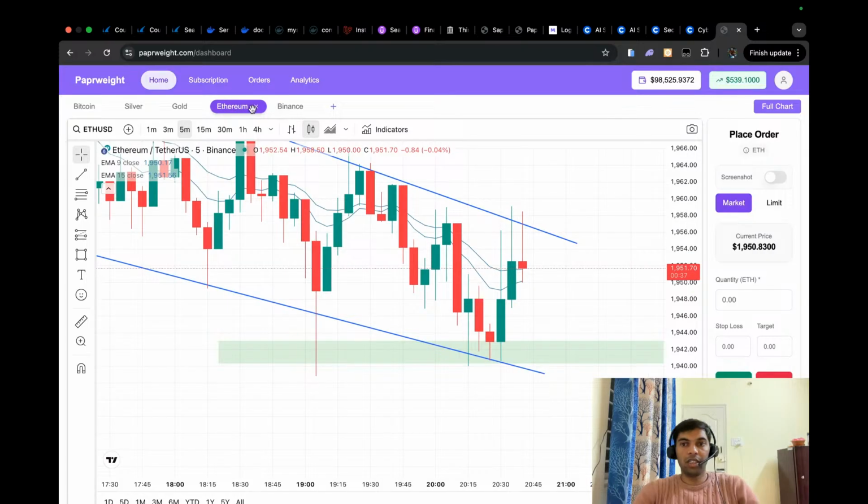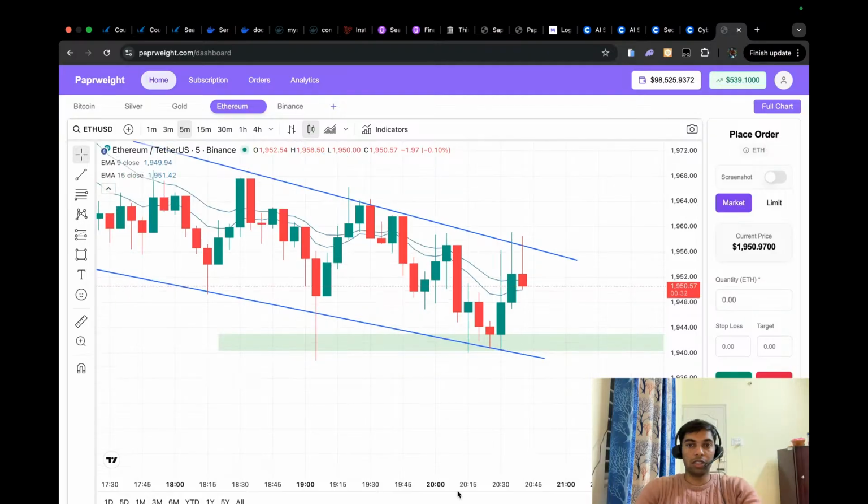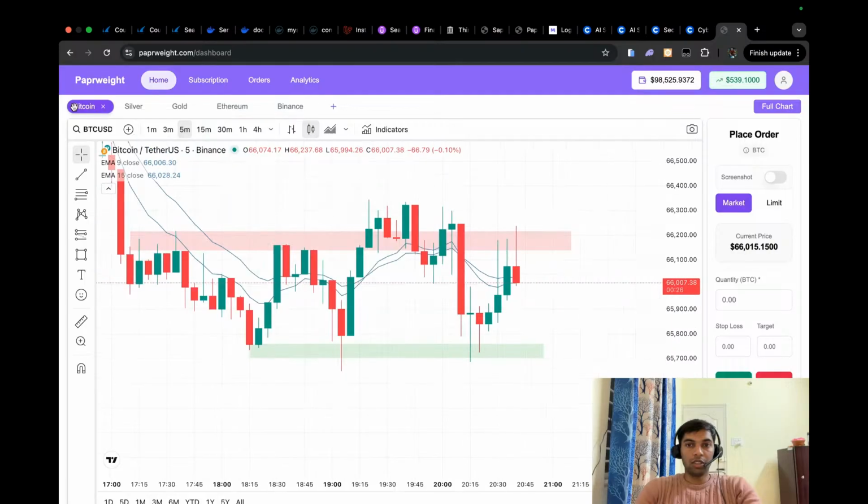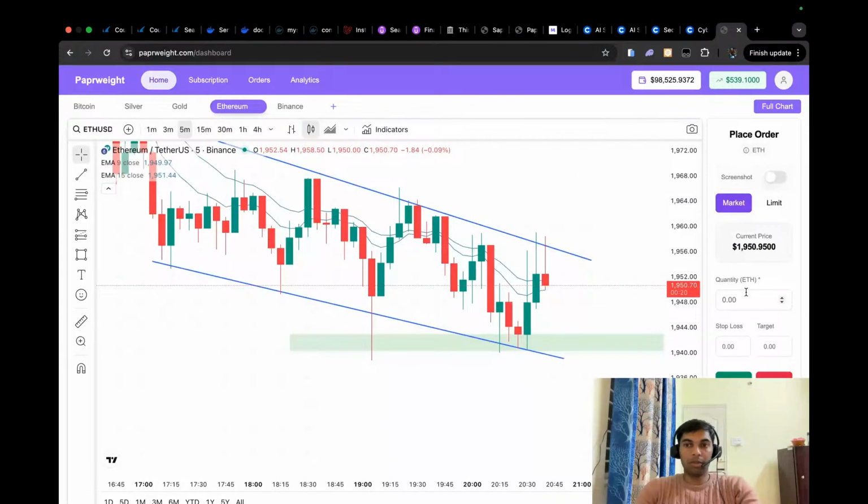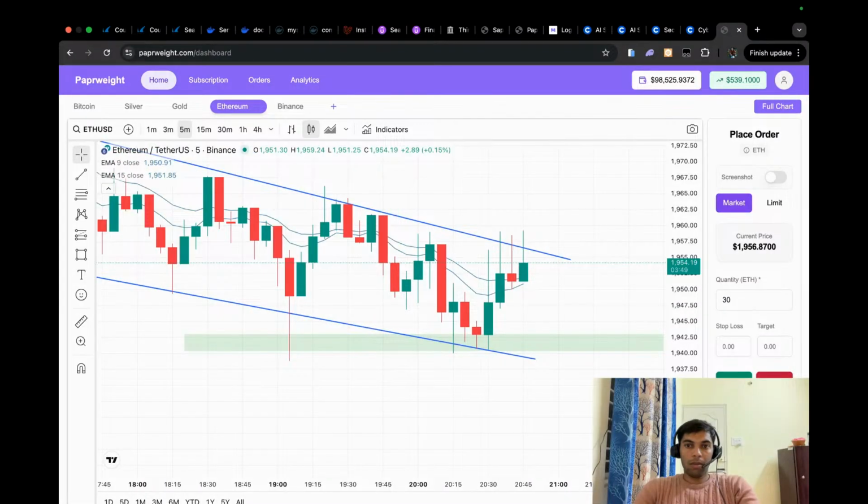You can punch a trade in Ethereum because this is exactly the point where the market can give a rejection and move in the downward direction. Bitcoin is also like Ethereum, with the same quantity. Let's go with 30 quantity this time.